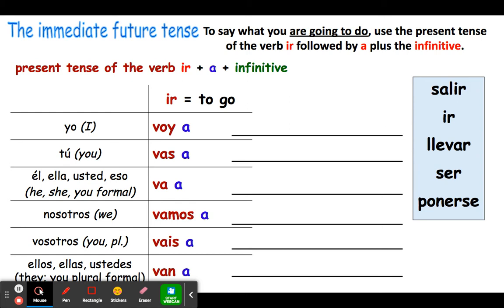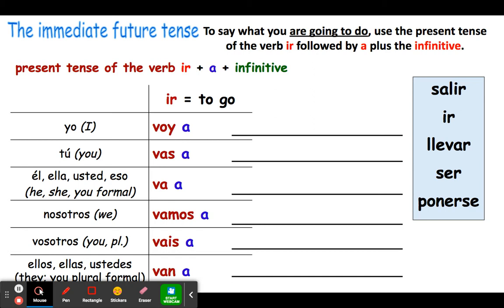Salir means to go out. Voy a ir means I'm going to go. Voy a llevar, llevar means to wear. Voy a ser, ser means to be. Y voy a ponerme. Ponerse means to put on.